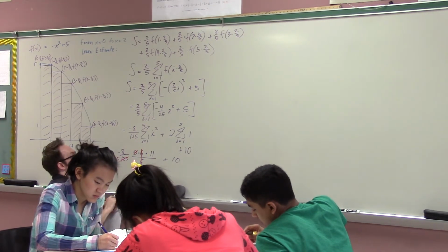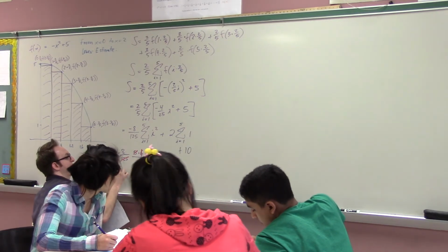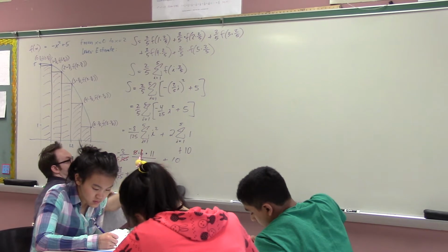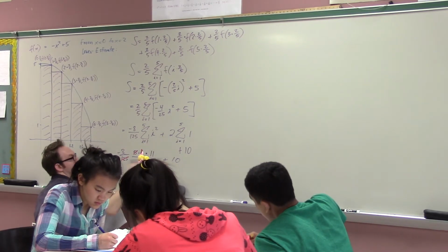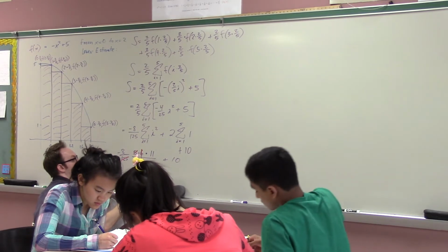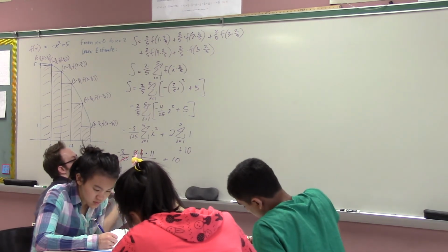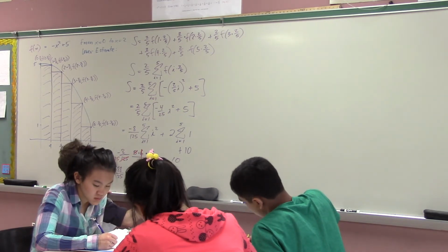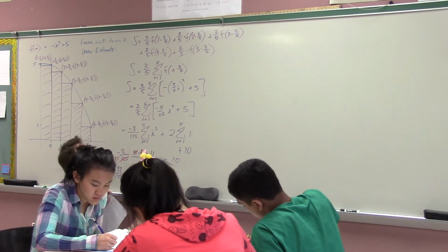So I get negative 88 25ths, someone back me up, plus 10 times 25, which is 250 over 25. And so my final answer is 162 over 25.